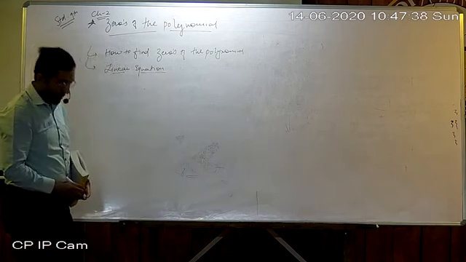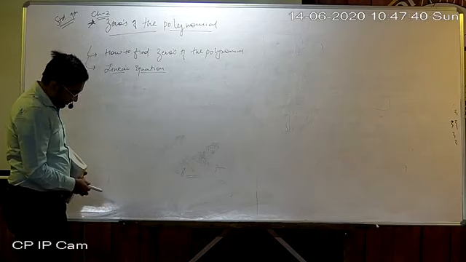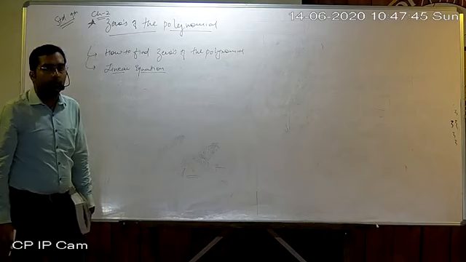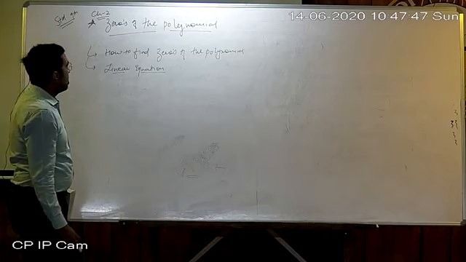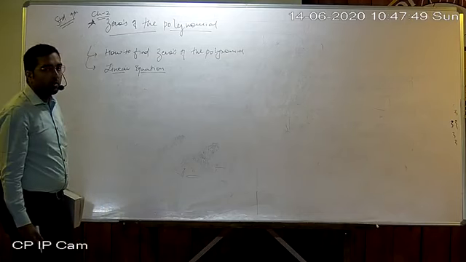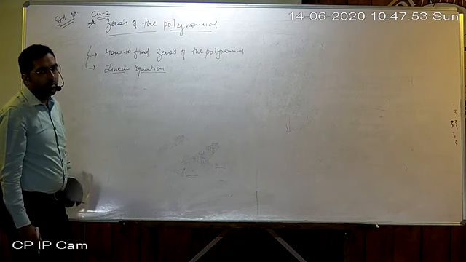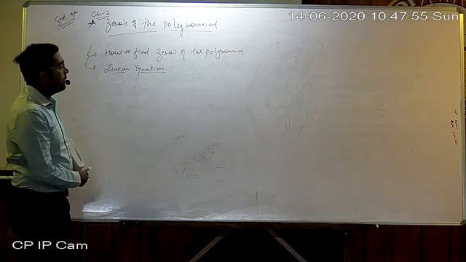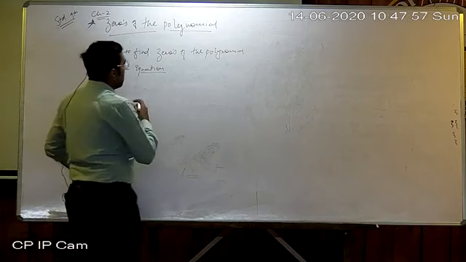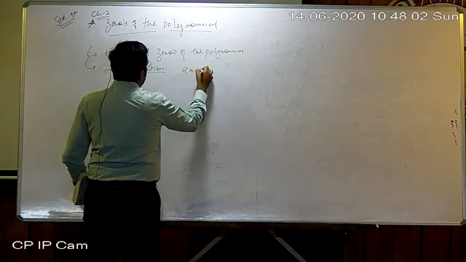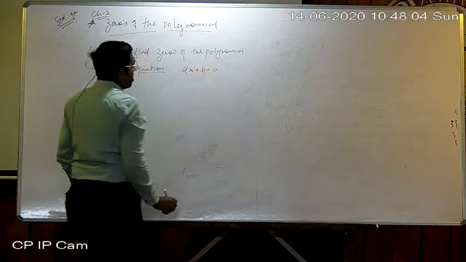Okay, for the linear equation or linear polynomial, we know that the standard equation is ax plus b equal to 0. Okay, the standard equation is ax plus b equal to 0.